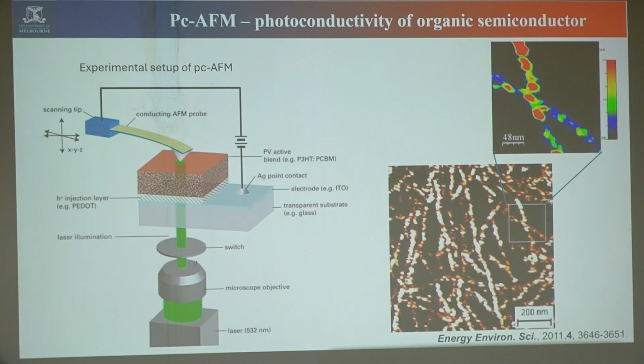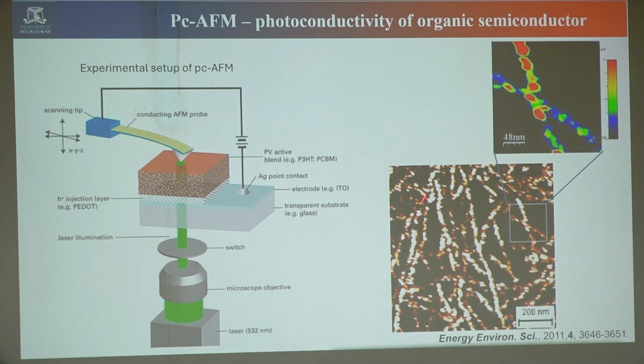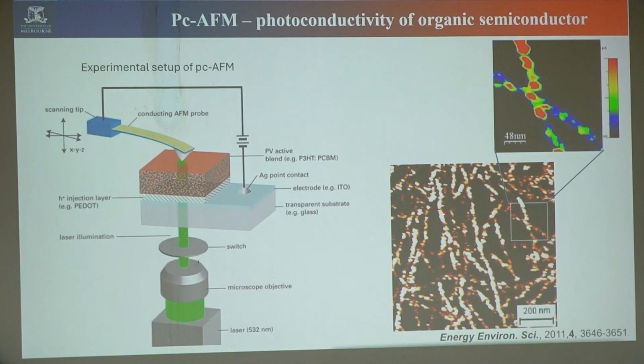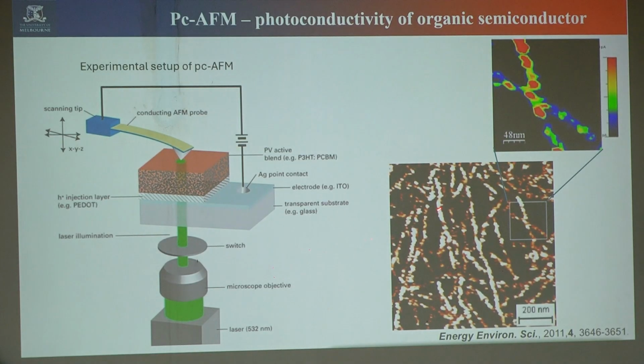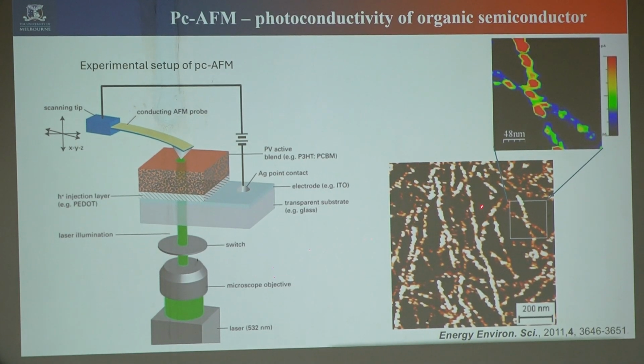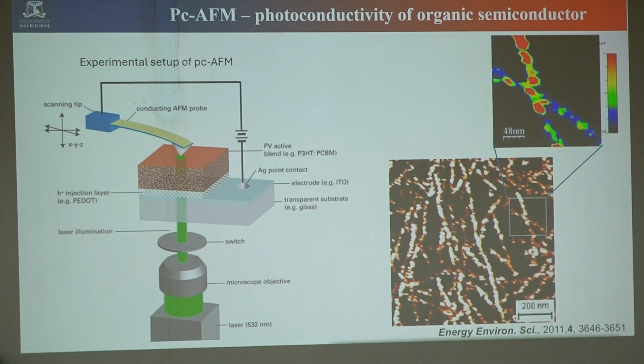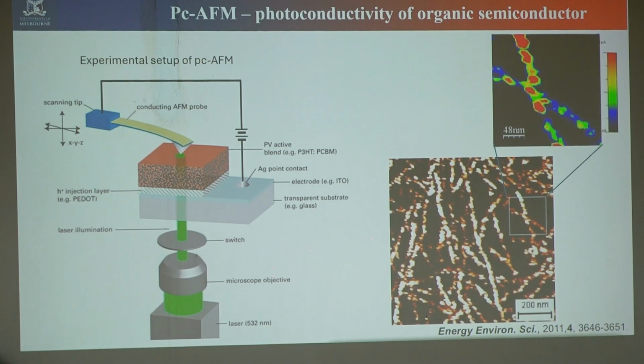The map shows, across the surface, how much current, how many electrons, are being detected. Wherever there is a white spot, there is conduction. The remaining area is nothing, with no current out. Sometimes with a donor-acceptor domain, only the donor part will generate current, and the acceptor part will accept the current.